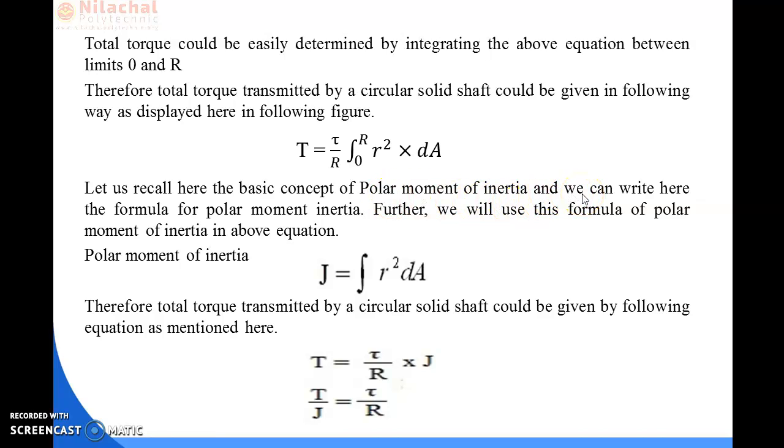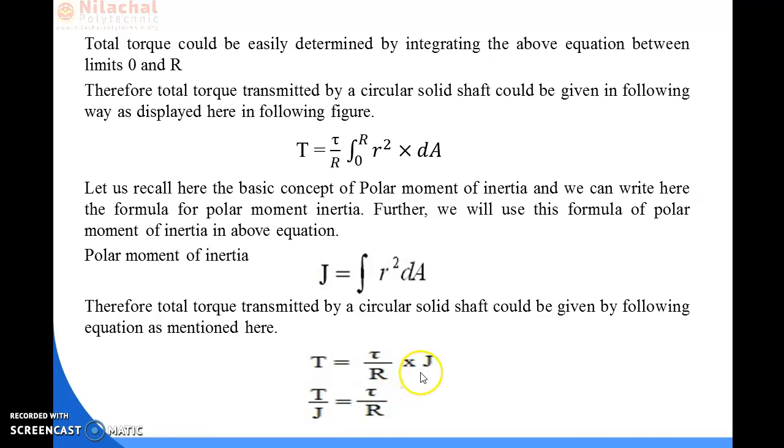Okay. So let us recall here the basic concept of polar moment of inertia. We can write here the formula for polar moment of inertia. Further, we will use this formula in the above equation. Hence, we can put in this place the value of J. J is the symbolic representation of polar moment of inertia. Hence, the total equation is converted into T is equal to tau by R multiplied by J, that is polar moment of inertia.